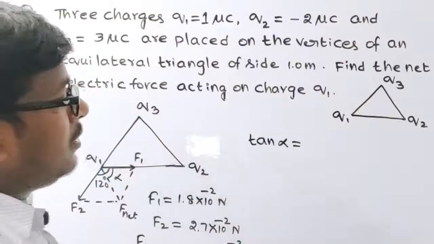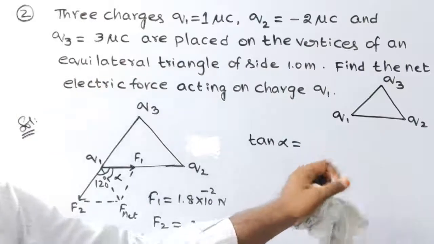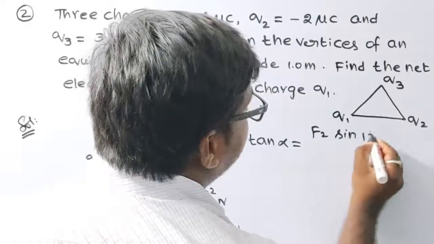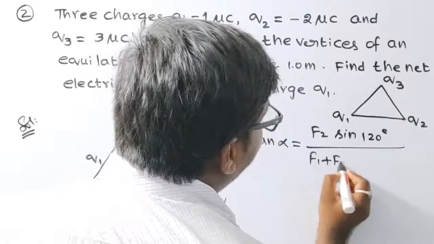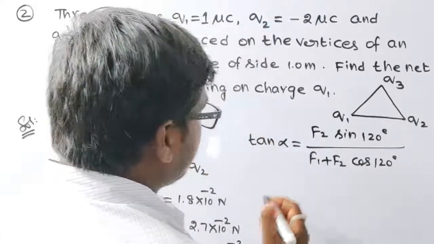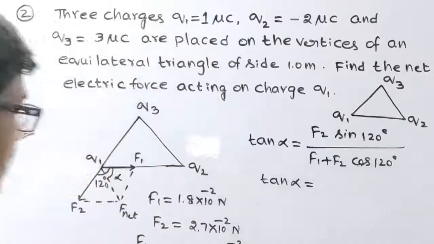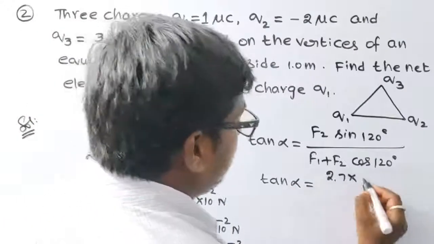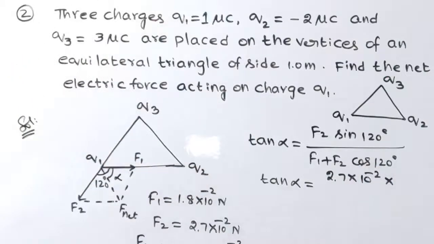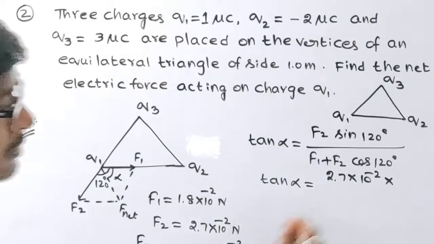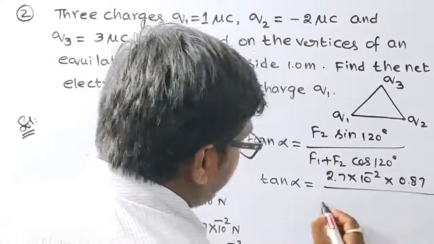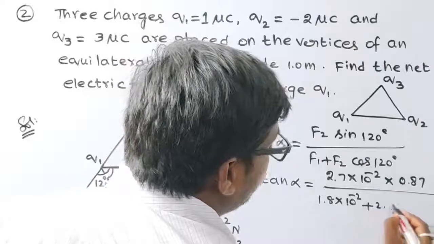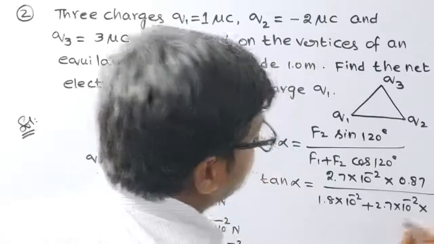Tan alpha is equal to F2 sine theta by F1 plus F2 cos theta, with theta equal to 120 degrees. So tan alpha is equal to F2, 2.7 into 10 power minus 2, into sine 120, value 0.87, divided by 1.8 into 10 power minus 2 plus 2.7 into 10 power minus 2 into cos 120.